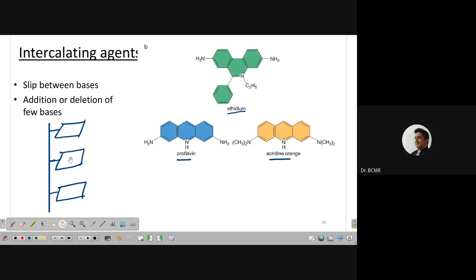This plane and this plane are like stairs on a ladder. They are parallel to each other, and that is called stacking. If I have to draw the complementary strand also, then the opposite strand would be something like this.